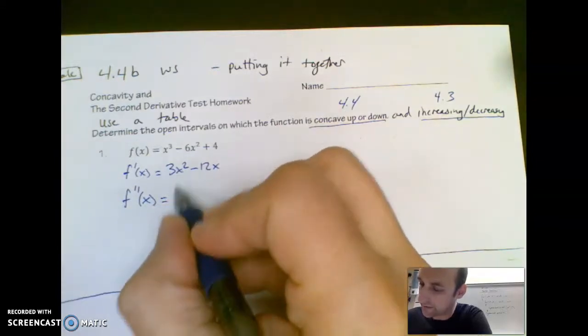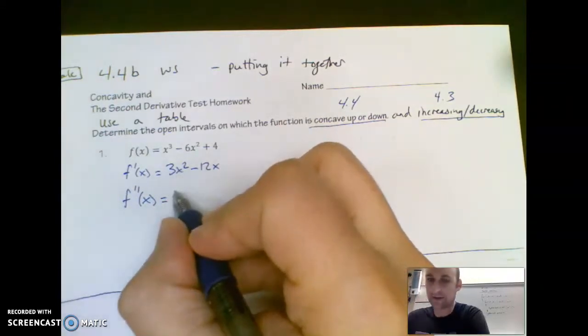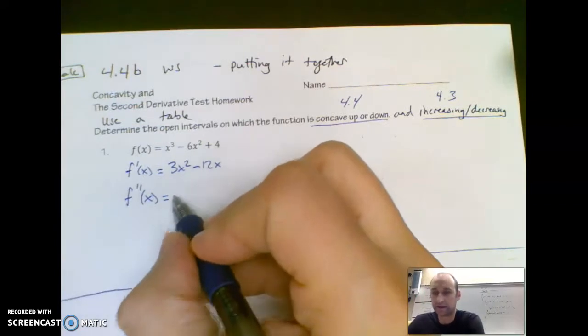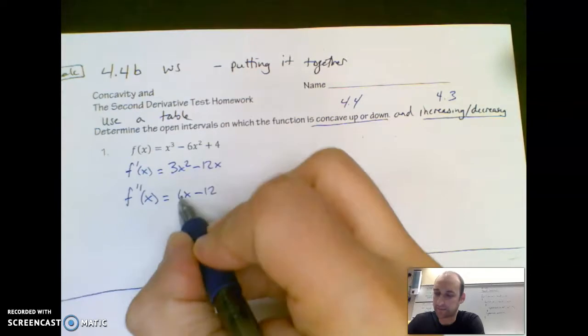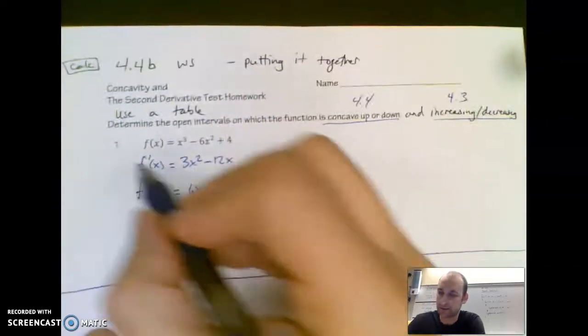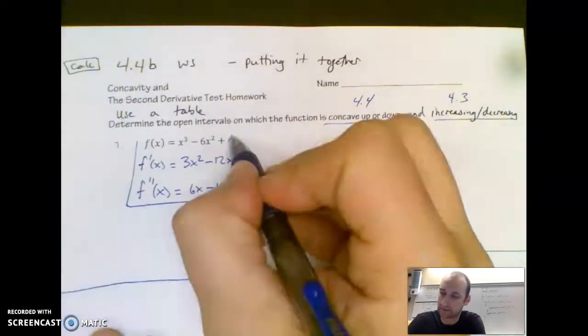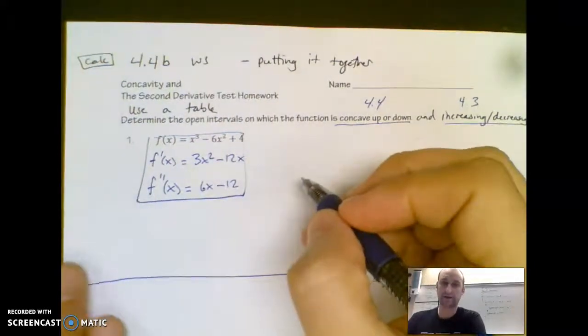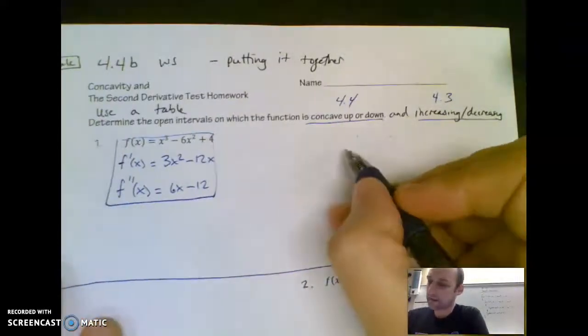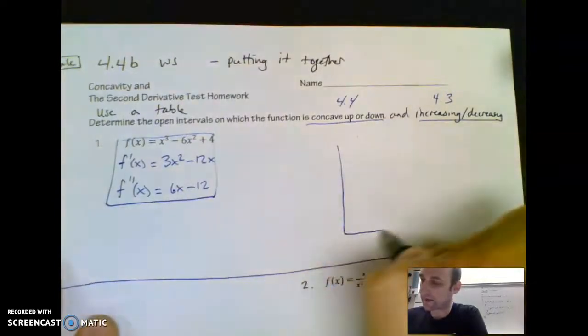And the second derivative, might as well keep on keeping on while I'm going. So I have 6x minus 12. Okay, I'll put these in a box because I'll use those later.